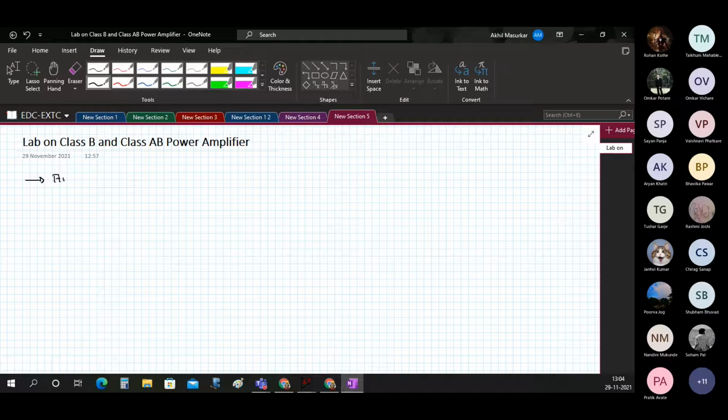what we are amplifying, a comparatively high input. So something in volts. Something in volts means you can write, not millivolts.